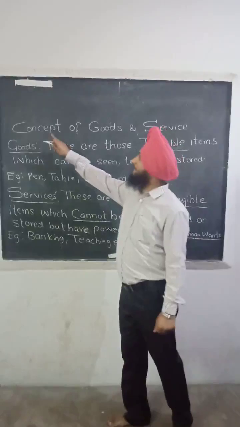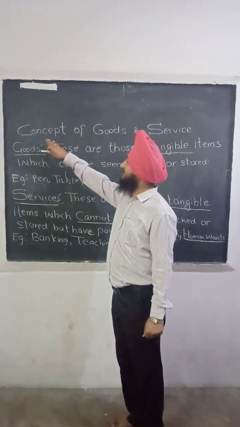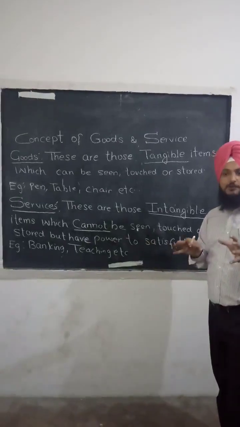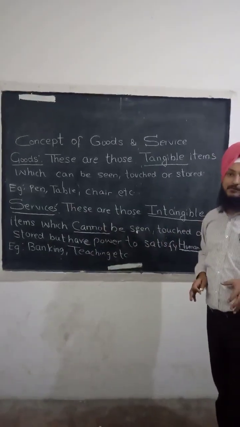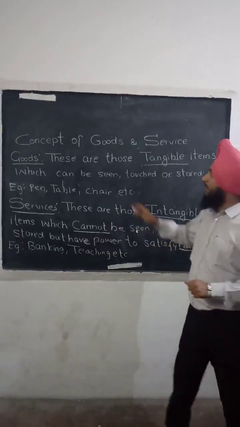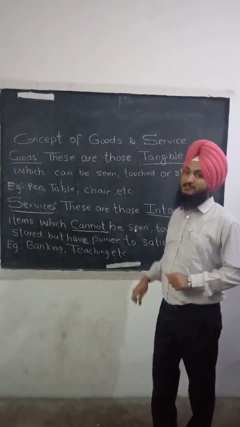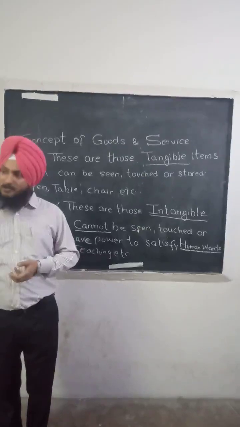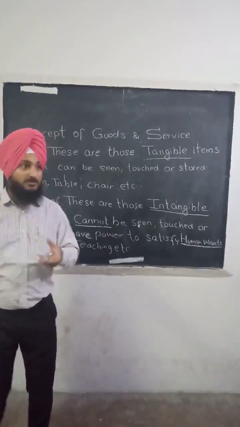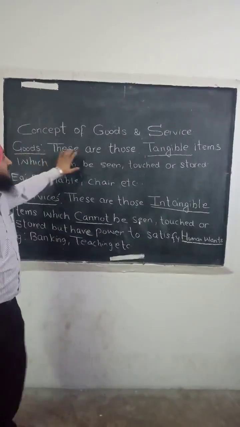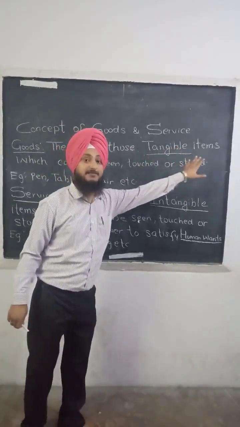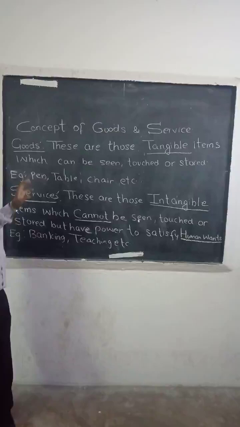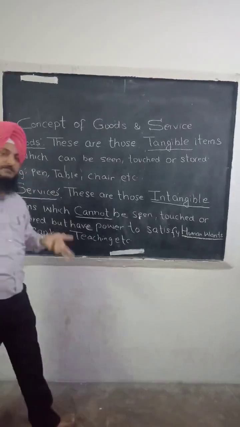Now the next concept: goods and services. Finally we are entering our chapter number 1, the introductory part, the concept of goods and services. You have read about goods in your subject of accounts as well. Goods are those tangible items which can be touched, seen and stored, and which satisfy our wants.